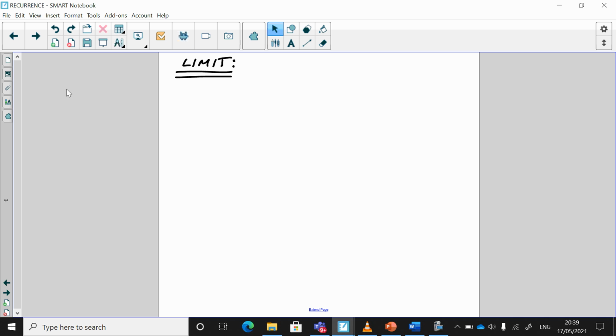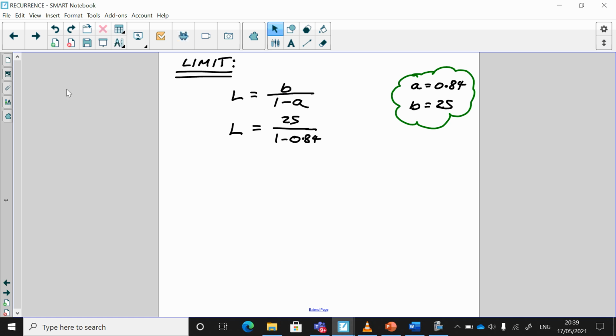So our limit exists because 0.84 was between -1 and 1. Get our values, put them in, and is it going to give us a nice answer? 25.16. I'm sure it'll give you a nice answer. It gives you a fractional answer in your calculator, folks. Decimalise it. You know how to do that there.